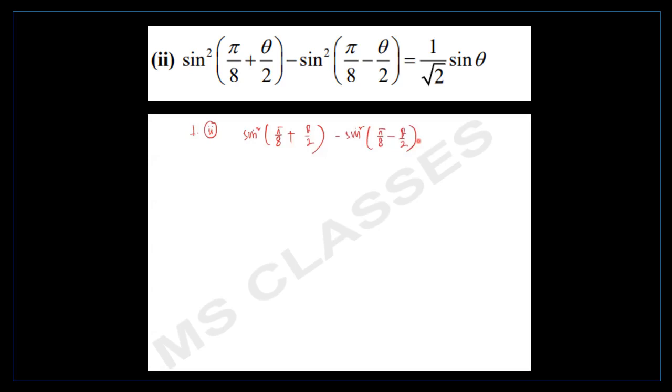Now this expression is exactly of the form sine square A minus sine square B. Why?